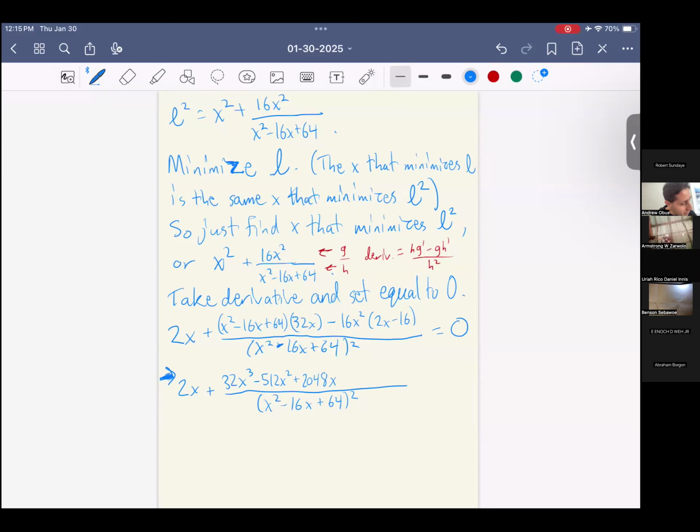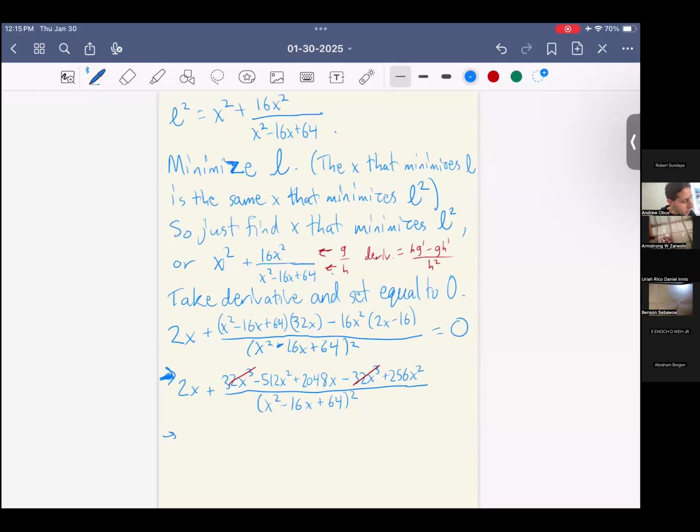And then minus 16x squared times 2x, that's going to be minus 32x cubed. And then 16x squared times 16 is 256x squared. So plus 256x squared. But the good news here is we see already the 32x cubed and the 32x cubed cancel each other out.